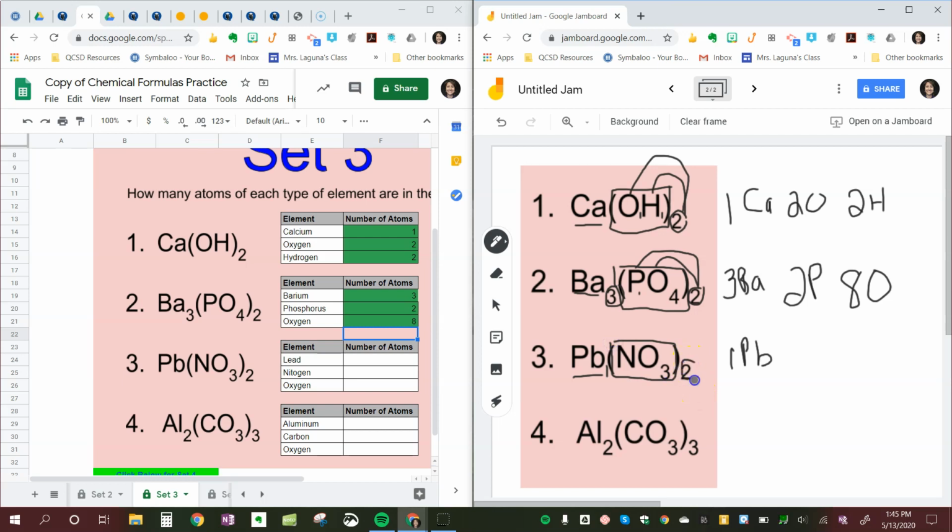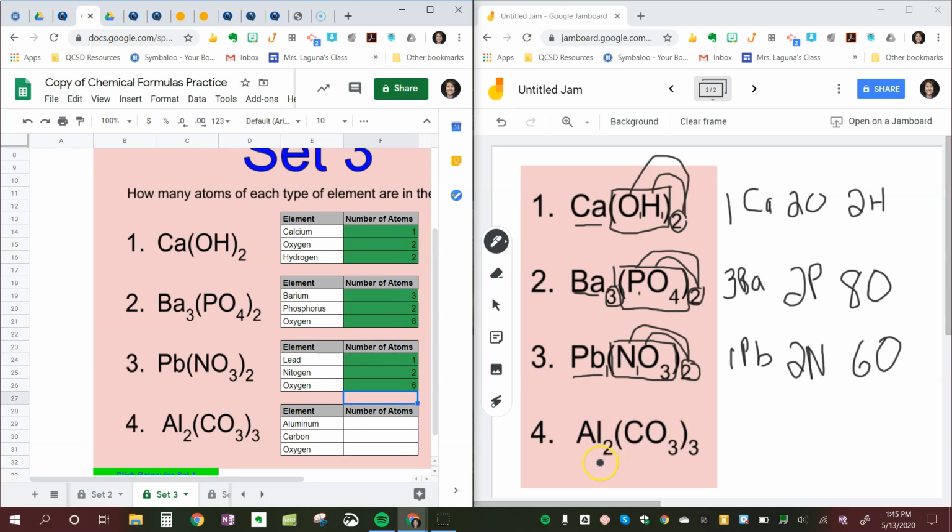And it says we have 2 of everything that's inside the parentheses. So we're going to multiply it. 2 times the 1 nitrogen, remember there's a 1 there if there's no subscript, so that's 2 nitrogen, and 2 times 3, or 6, oxygen. So we get 1, 2, and 6.